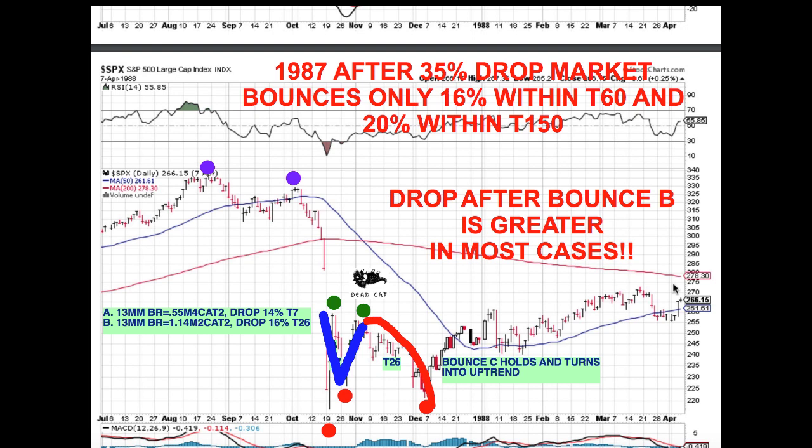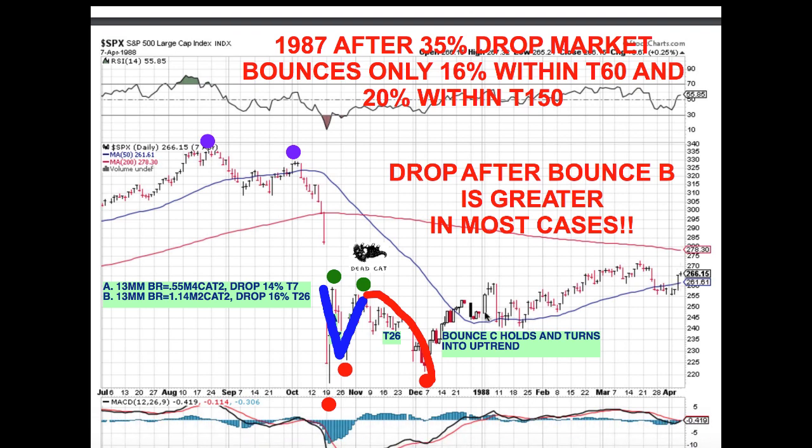Now, 1987, guys, to help you visualize this, was this incomplete V formation. This was your dead cat bounce: bounce A, bounce B, followed by a fresh low set right here, or actually just a revisit of that same low.